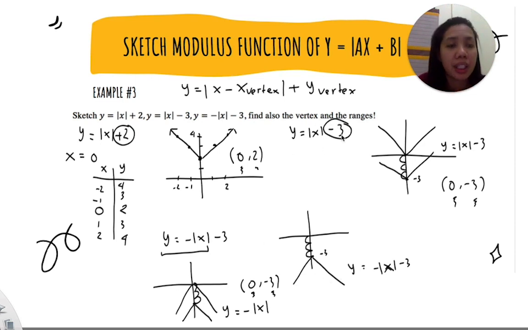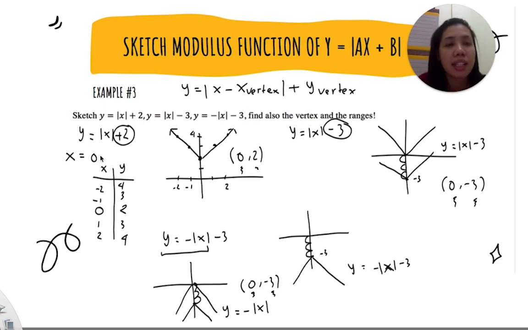Okay, next we're gonna see how to find the ranges. To find the ranges, we have to know the y coordinate of the vertex and also the slope of the graph. From the first example, we know that the y coordinate of the vertex is y equals 2, and the sign in front of the absolute value is positive.